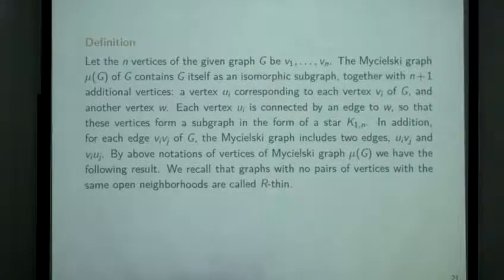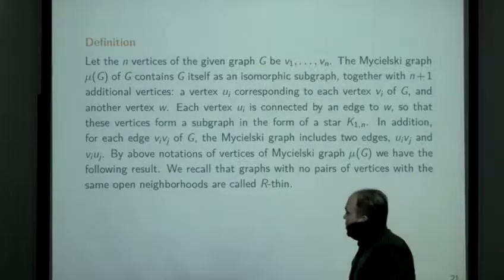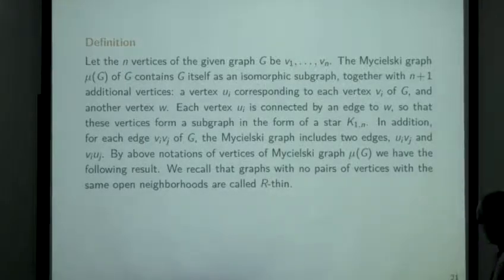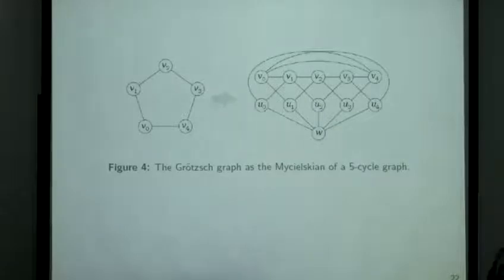And we have another condition. If vi is adjacent to vj in the graph G, then in the Mycielski graph of G, ui must be adjacent to vj, and also vi must be adjacent to uj. And you see an example here, the Mycielski graph of C5.